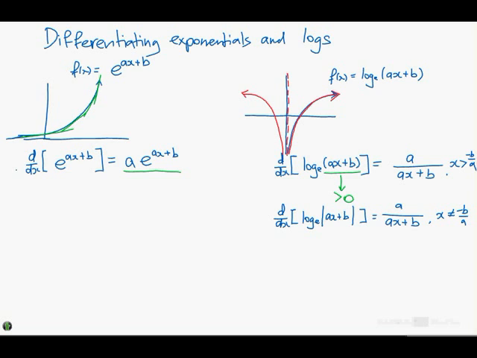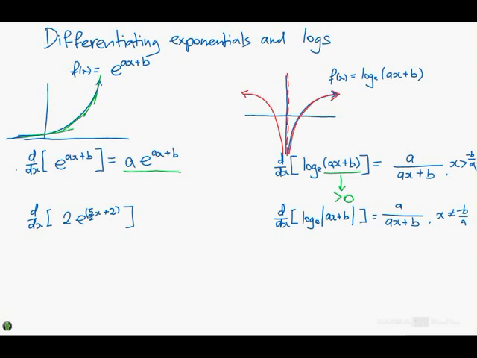That's cool. Very easy. So very quickly, let's just do a couple of examples. So for the exponential side, let's find the derivative of 2e to the power of 5 on 2 x plus 2. Sorry, this part here is all in the power. So this is what we would do.